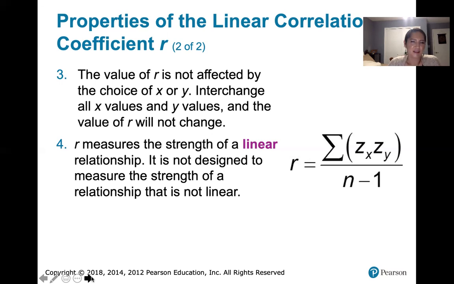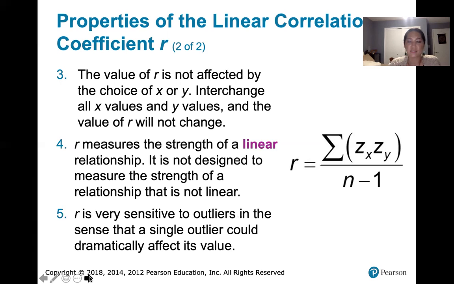If the relationship's not linear, we can compute R, but it won't necessarily measure what you're hoping it will measure. It's not measuring correlation in general, it's measuring the strength of a linear correlation. So make sure you don't interpret R incorrectly when your scatter plot might indicate that the correlation exists, but it's nonlinear.